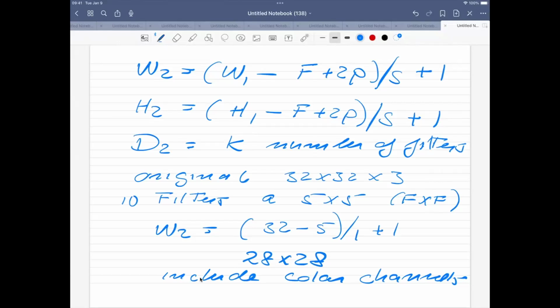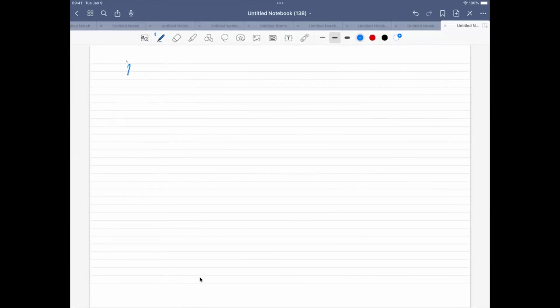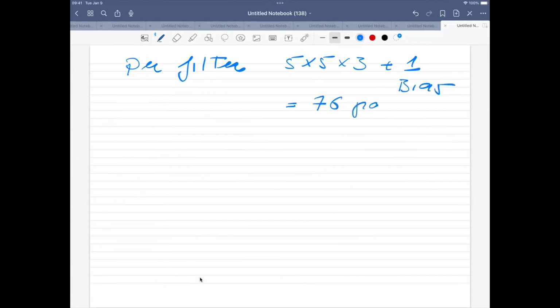So when we now look at the number of parameters I get, so per filter, what I have is 5 times 5 times 3 plus 1 bias. And that gives me 76 parameters per filter.